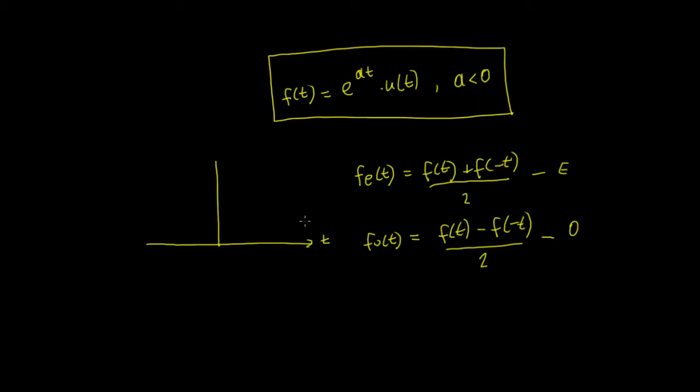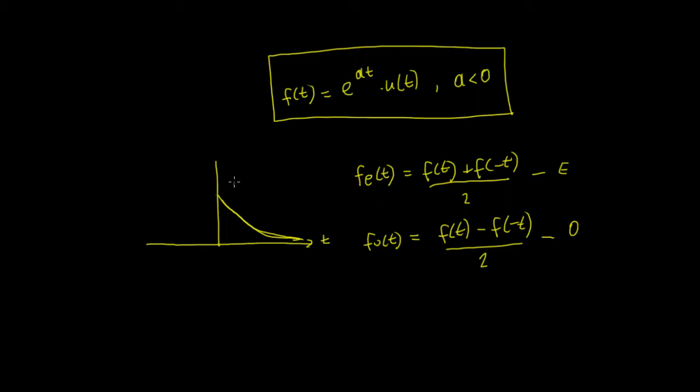But this function here is the step function, and it doesn't exist in the negative half here. So we're just going to end up with this function, but only the positive part of it, going down like that. And that point there is a half.